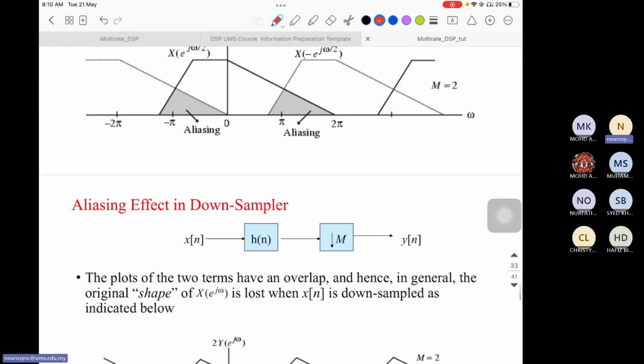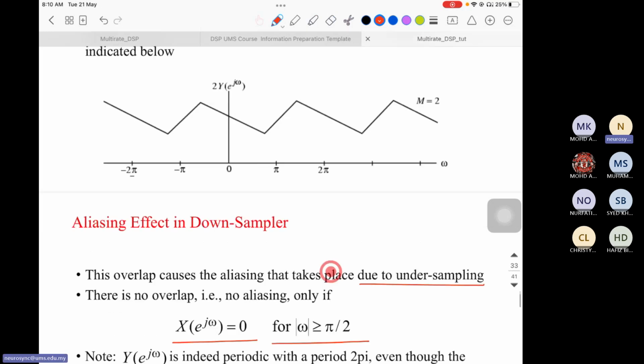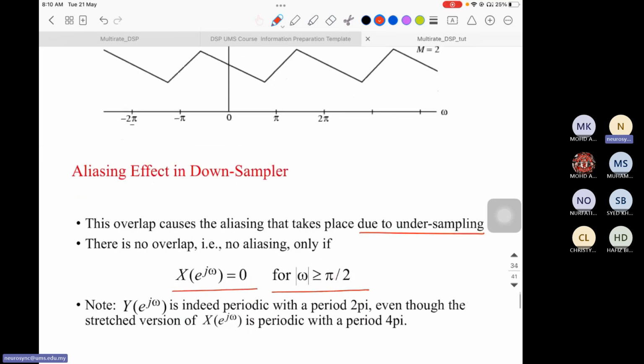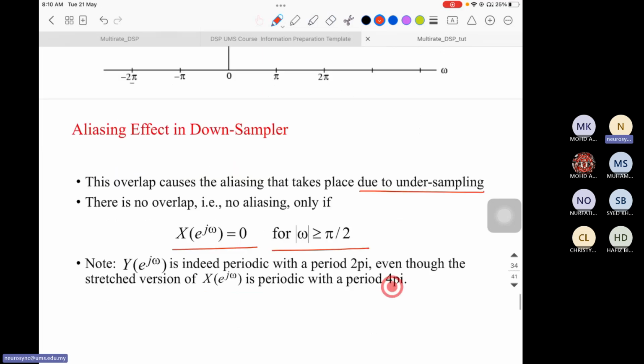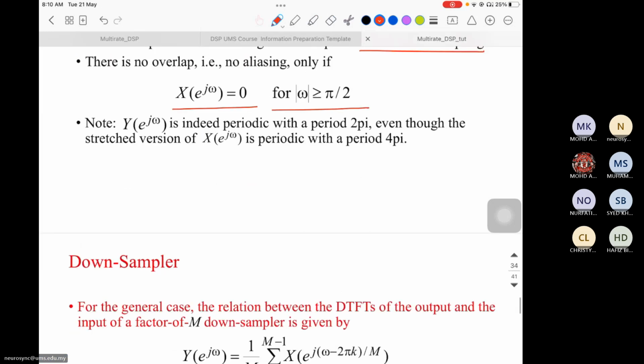Stretched version means, in the case of upsampling there is a compression, and in the case of downsampling the input sequence will stretch. So that is the stretched version, the output of the given sequence. If I stretch it with n equal to 2, then there will be a period of 4 pi.